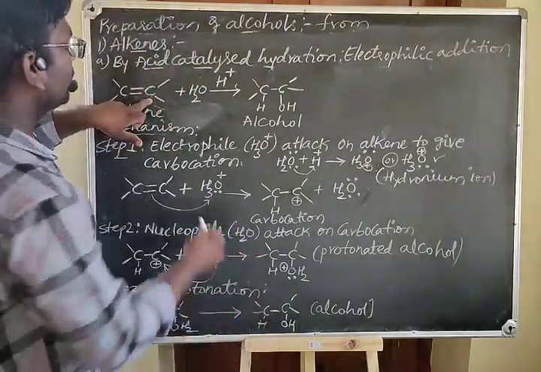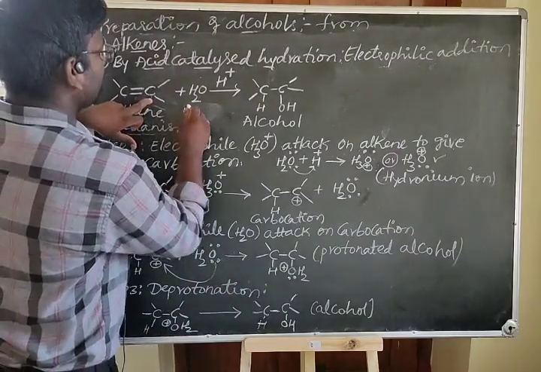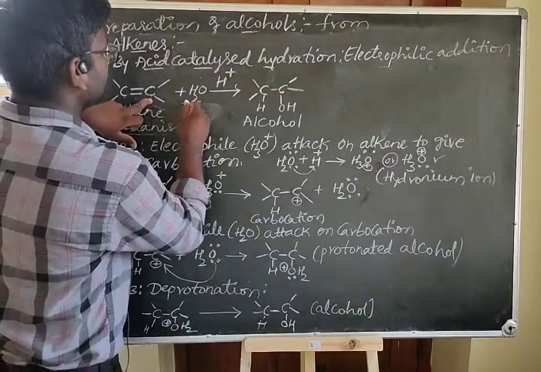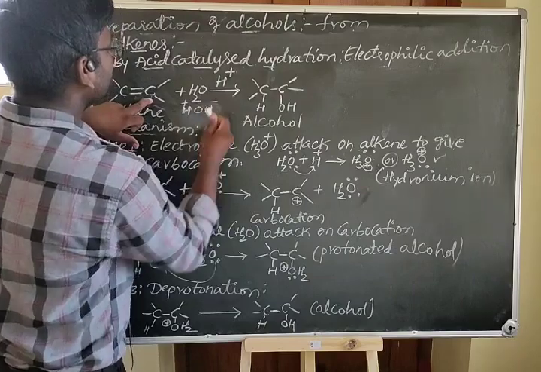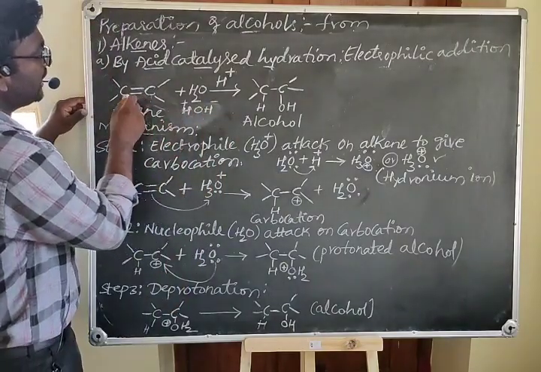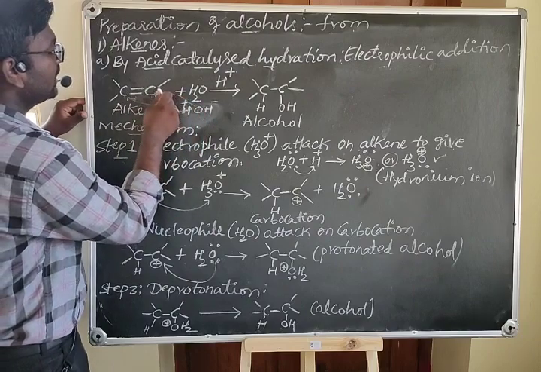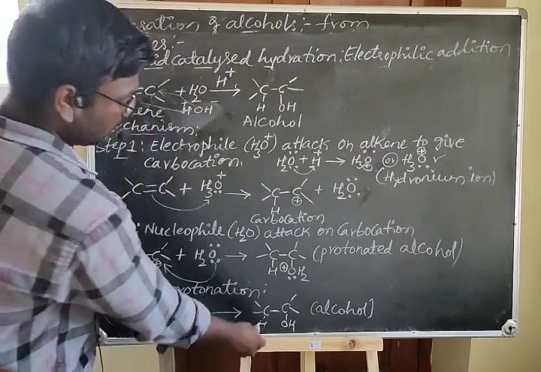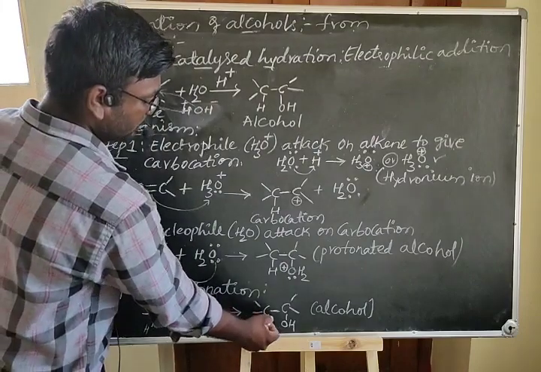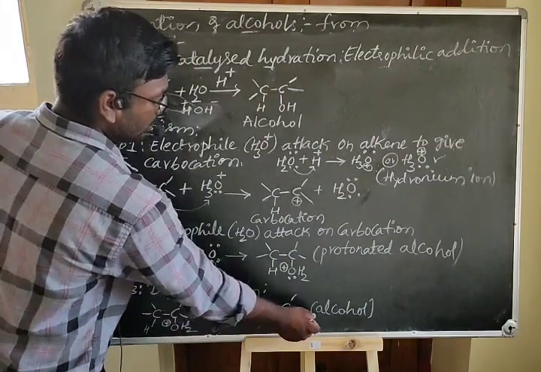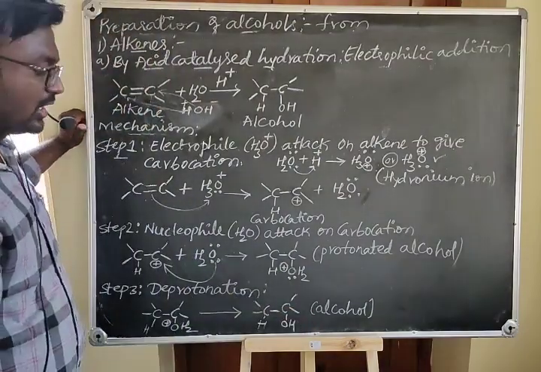As I already told you, H2O is considered as H plus and OH minus ion. First the H plus ion attacks this carbon and OH minus attacks this carbon. Now finally you got H on this carbon, OH on this carbon. Now this is the representation of the alcohol.